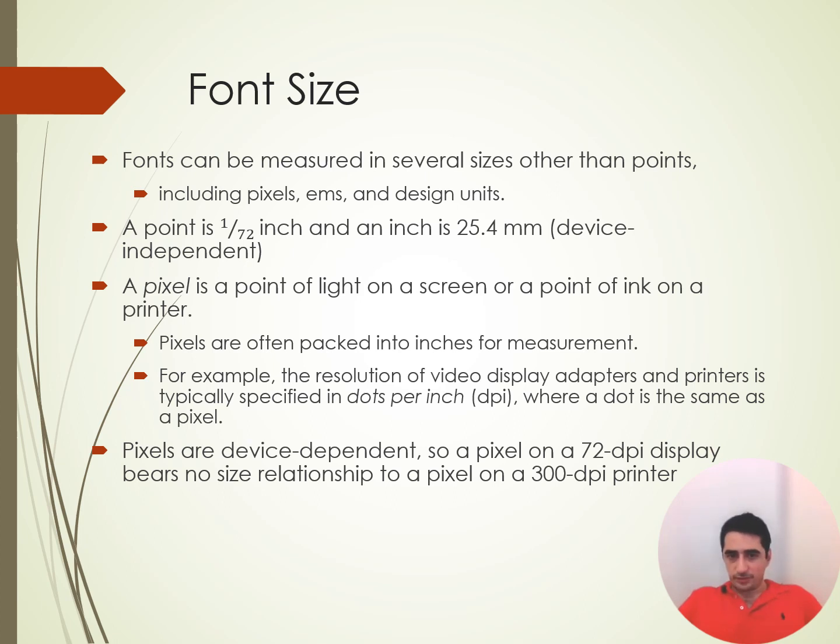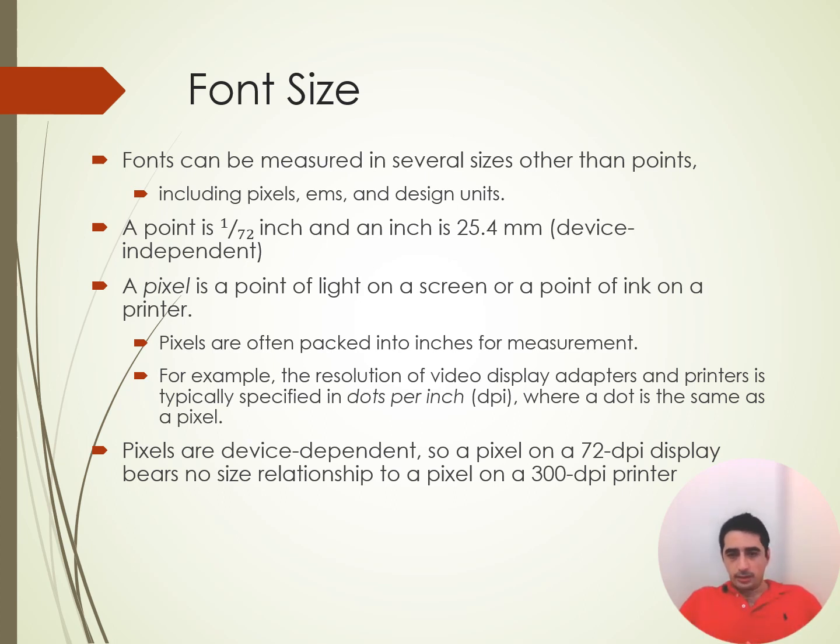Pixels are often counted per inch for measurement because they are super small. For example, the resolution of a video display adapter or a printer can be, let's say, 100 dpi. What does dpi mean? dpi means dots per inch.